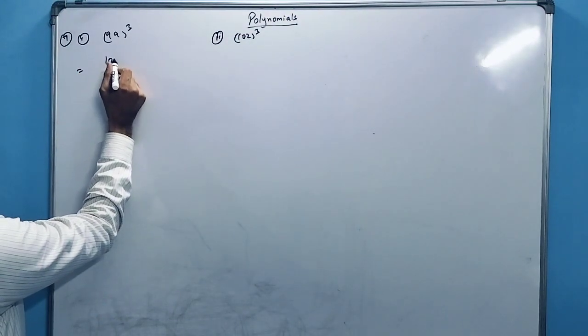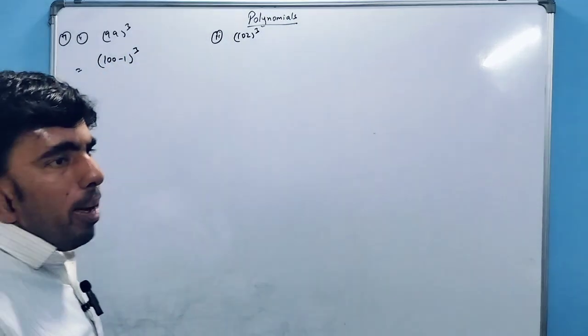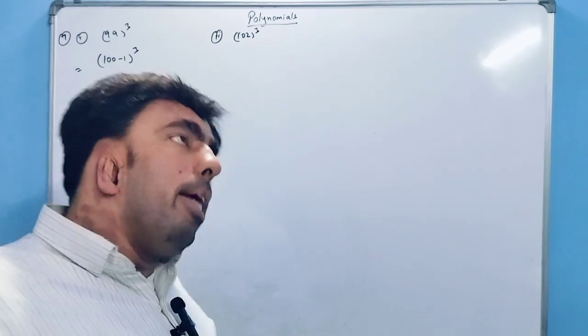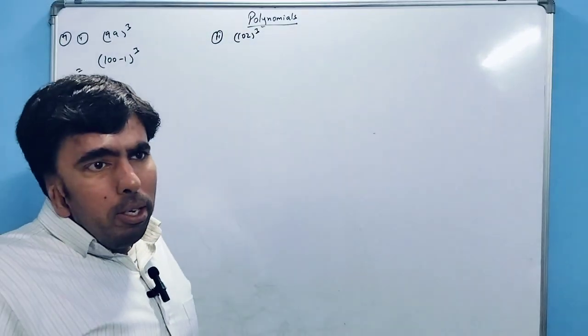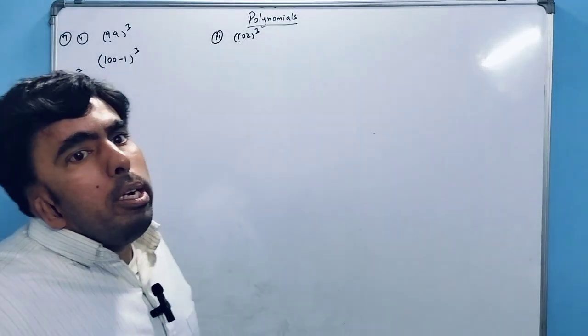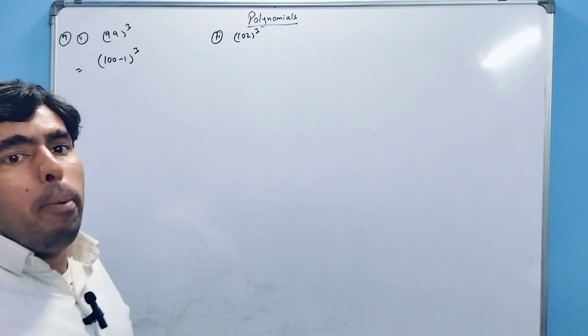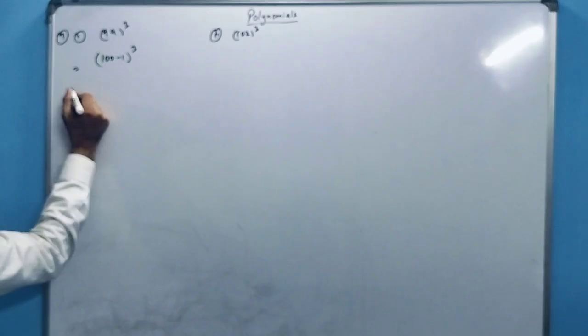We can write 99 as this. See, we can easily multiply 99 into 99 into 99 and find the answer, but it is time consuming. So these identities are made to reduce the time and make the numerical very easy. So let us see how.